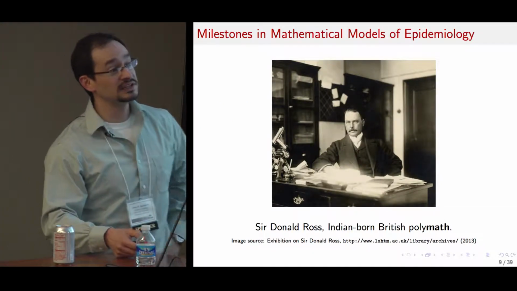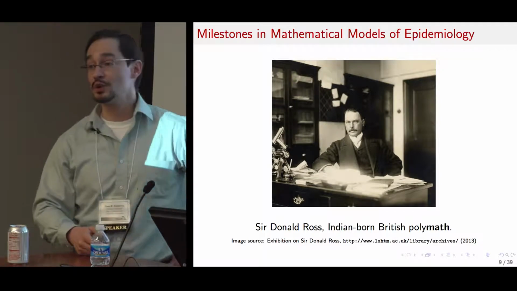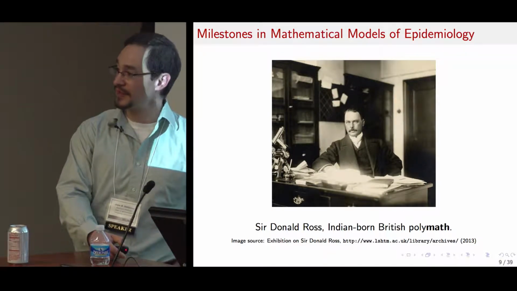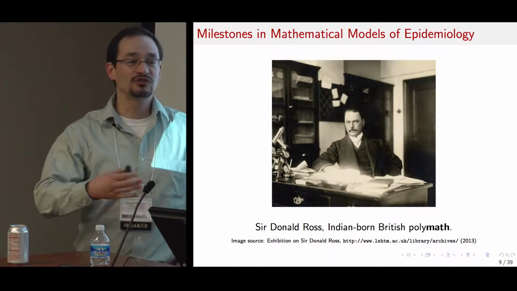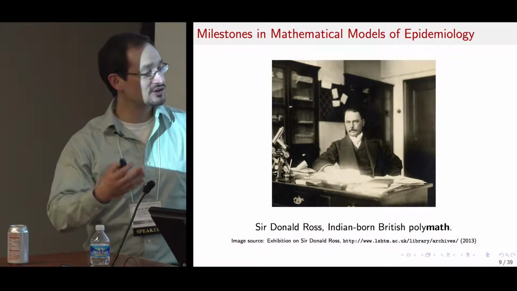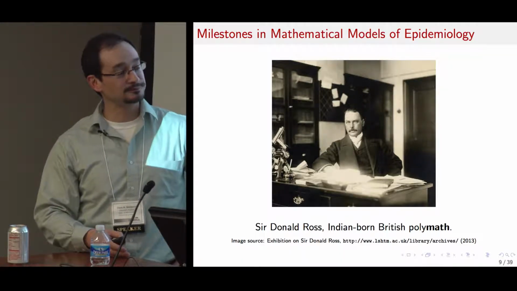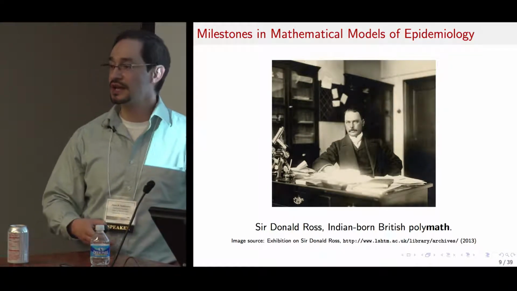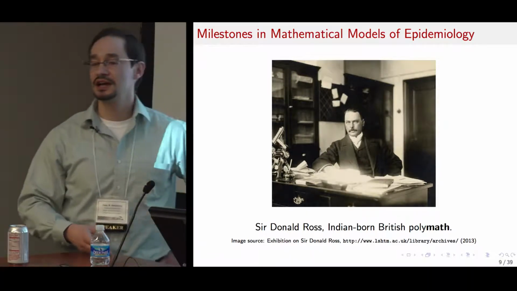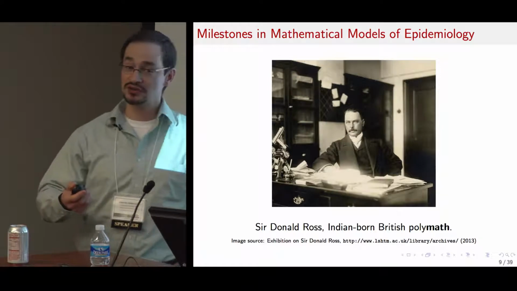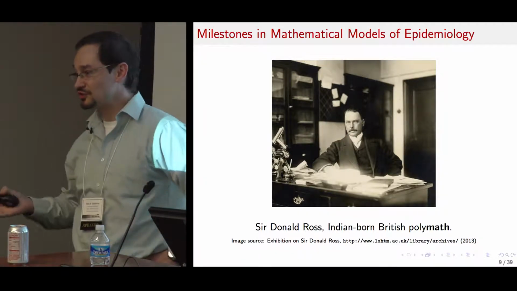Now, of course, you have seen this gentleman, Sir Donald Ross, and I want to emphasize that he was an Indian-born British polymath, emphasis on math. He was a novel writer, poetry writer. He was a physician, a very controversial figure. He liked to fight with his colleagues. He got a very bad reputation. He got the Nobel Prize in a fight because the actual person who did the discovery was a different person.